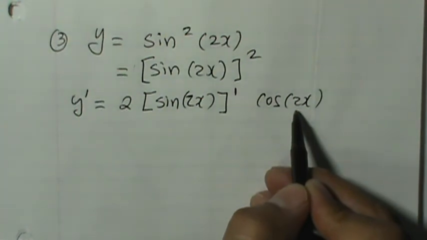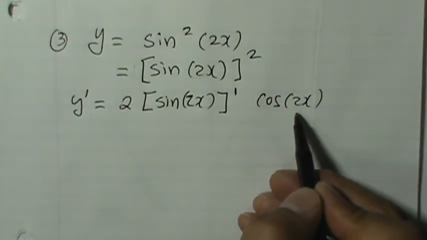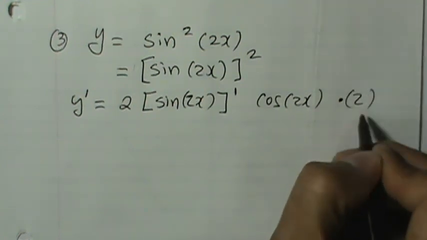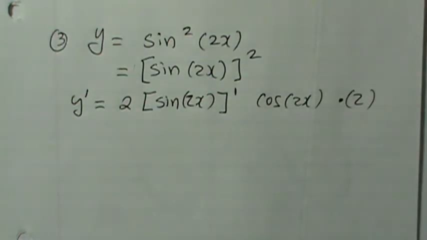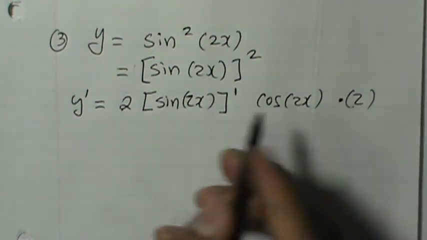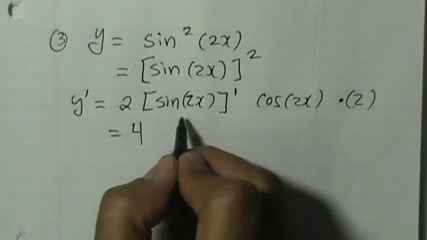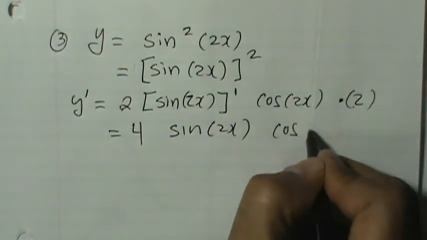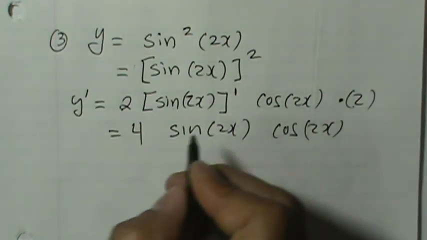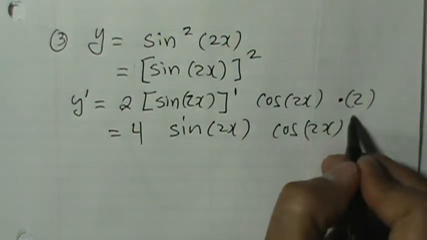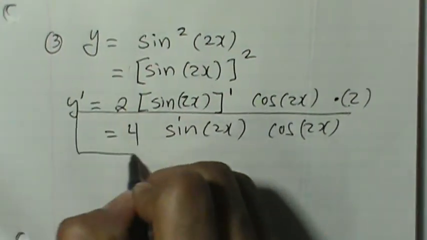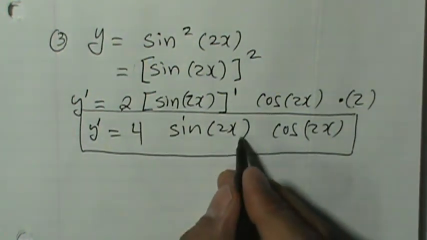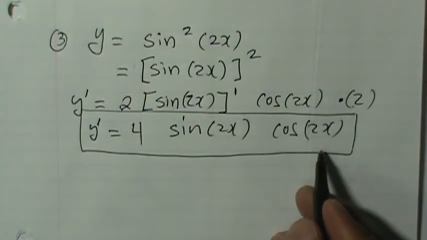Now don't forget to find the derivative of theta also, that multiplies outside right here. So the derivative of 2x is 2. Now to put it in simplest form, we have 2 times 2 would be 4. And we have sine 2x and cos 2x. So the answer in simplest form is y prime equals 4 sine 2x cos 2x.